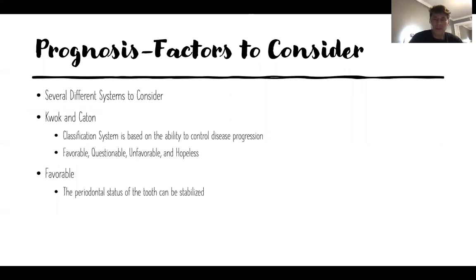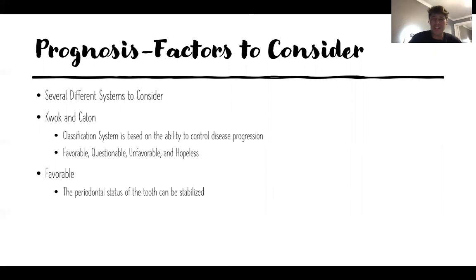Being a general dentist for 3 years before going back to school and becoming a periodontist, I looked at teeth differently as a general dentist than I do as a periodontist. I think that's key for our referrals. There are several different systems to consider dating back to the 50s. The two main systems are McGuire and Nunn, or Kwok and Caton.